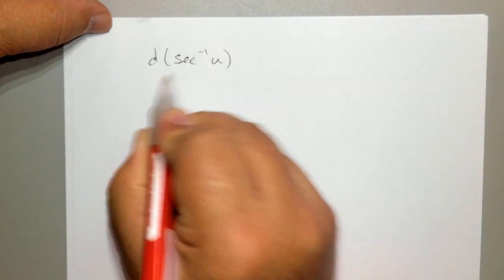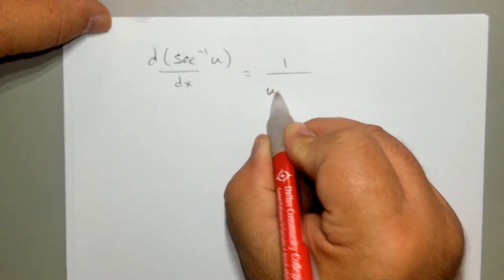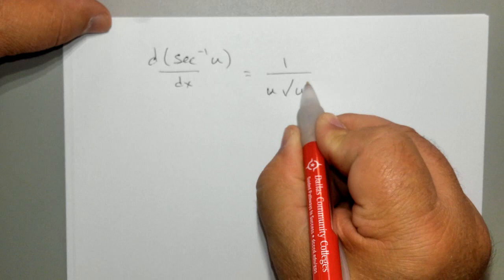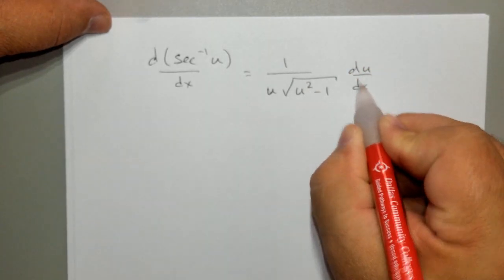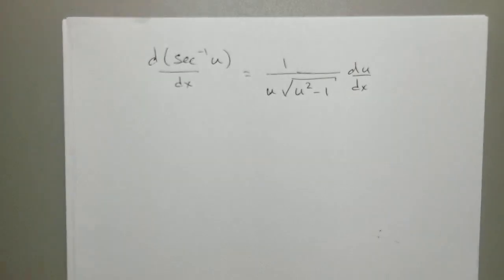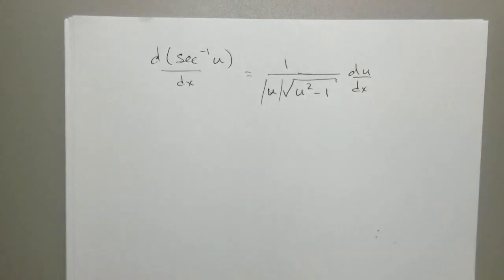The derivative of secant inverse of u is 1 over absolute value of u times the square root of u squared minus 1, times du dx. I'm pretty sure it needs an absolute value sign because it has to be that the absolute value of x is greater than 1.